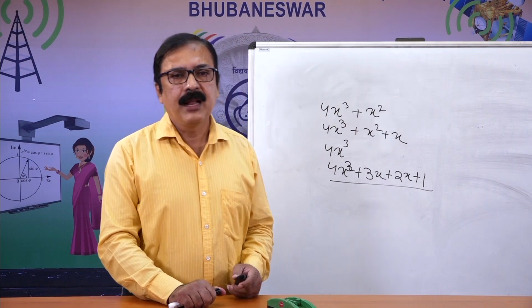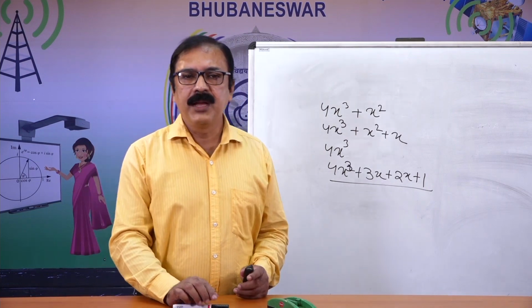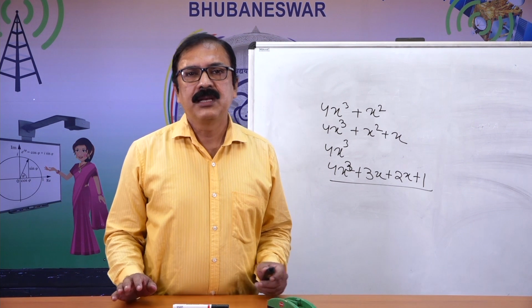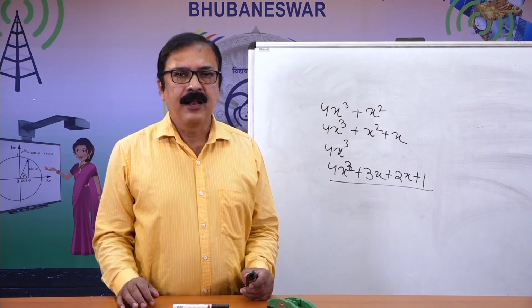Its general form is ax cube plus bx square plus cx plus d, where, as discussed before, a must not be 0, as it is a cubic polynomial.